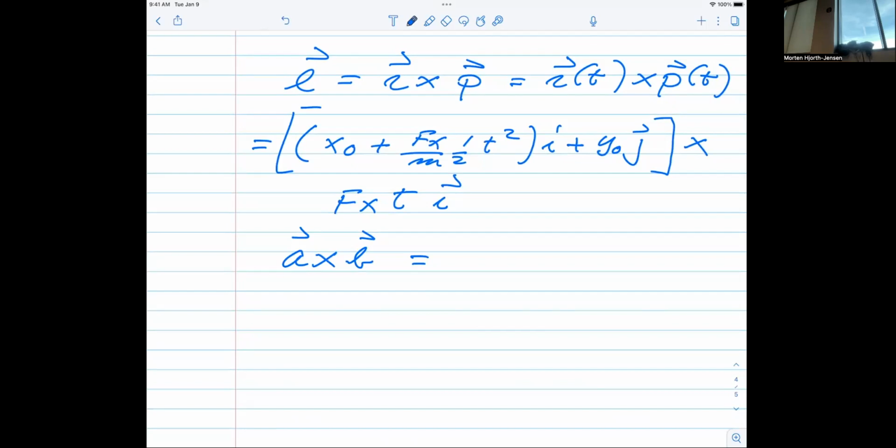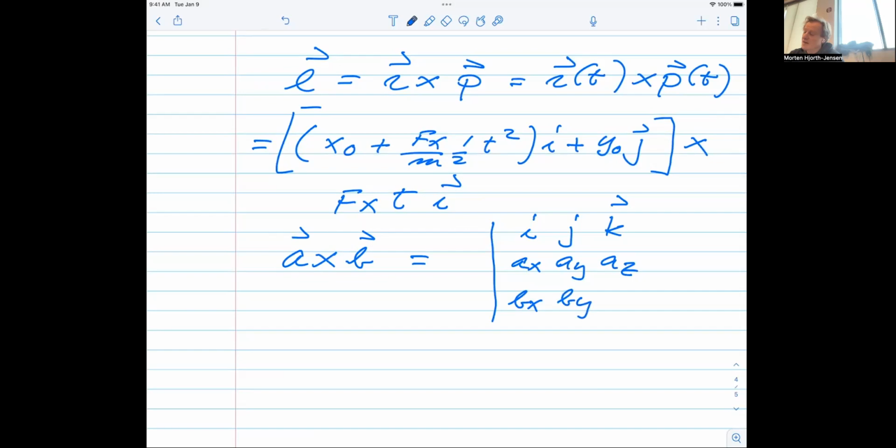So one way you can do that is actually to set up the determinant, and that is the same. So the determinant will then be written by these three components, i, j, k, and then we have ax, ay, az, and then I have bx, the x component, the y component, and the z component.